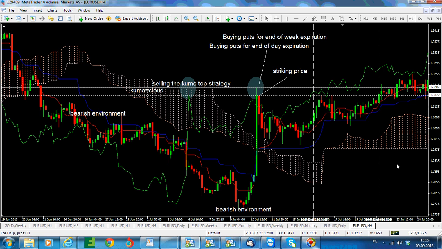That was our second trading strategy under the second part of using the Ichimoku Kinko Hyo. So far we had buying the Kumo bottom and selling the Kumo top, the cloud top, and now we are going to take a look at the bullish and bearish cross between the Kinjun and Tenkan.